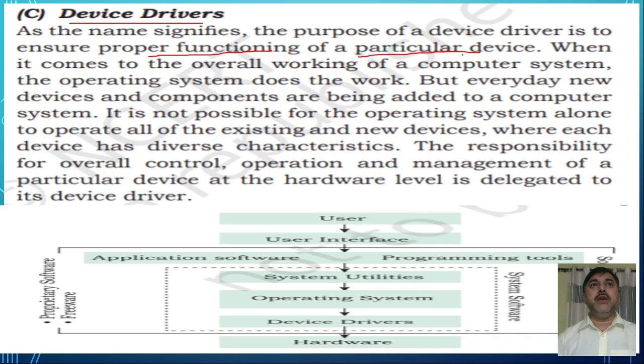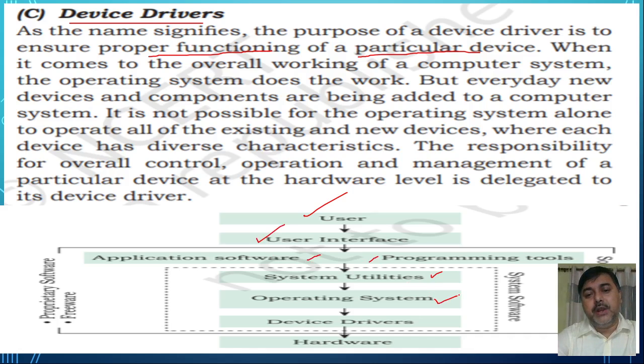So as we are giving those different patterns of instructions, in each and every instruction part we have the user interface, application software, program tools, isn't it? There should be some user interface, application software, program tools, and system utility.